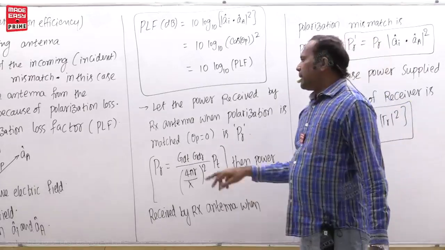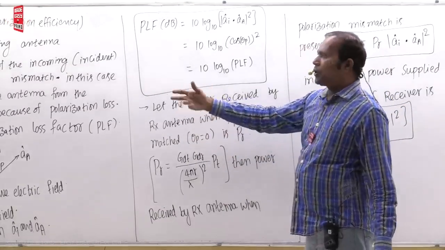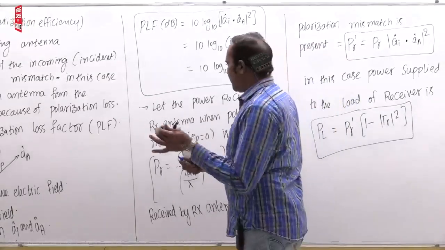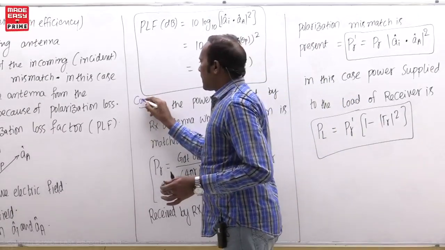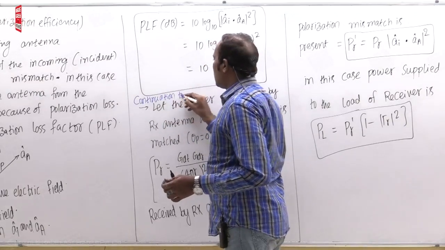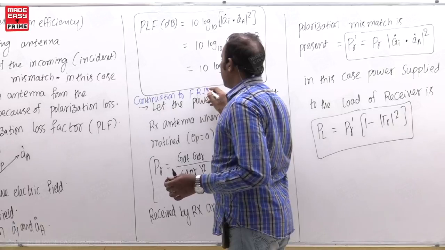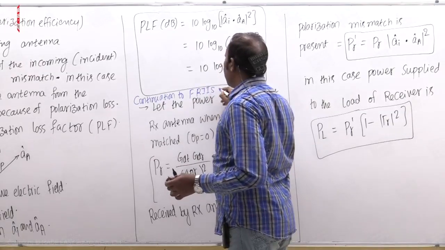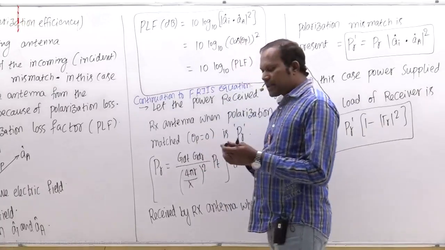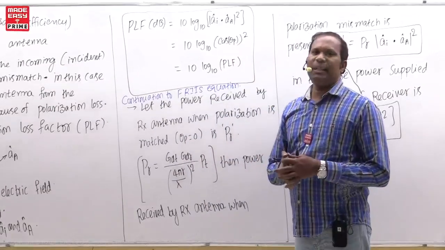Now students, this is actually a continuation to the Friis equation, because I wrote there that the Friis equation is solved by assuming theta p is 0.